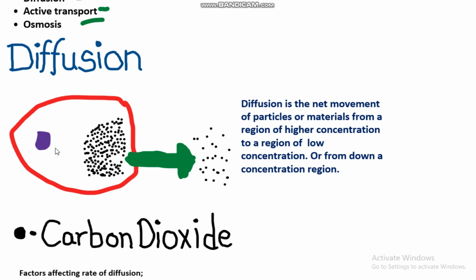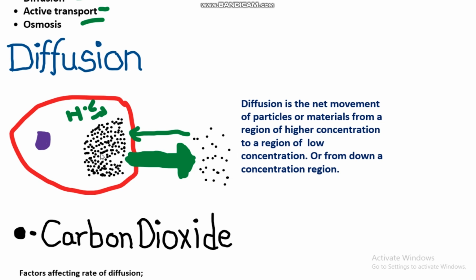So this carbon dioxide is moving out of the cell by diffusion, and some of the carbon dioxide is coming in, which doesn't follow diffusion, but this is a diffusion where carbon dioxide from the higher concentration region is moving out of the cell to a low concentration region.